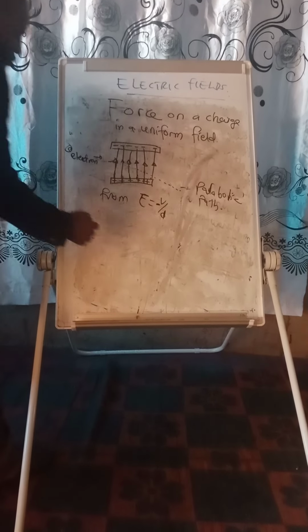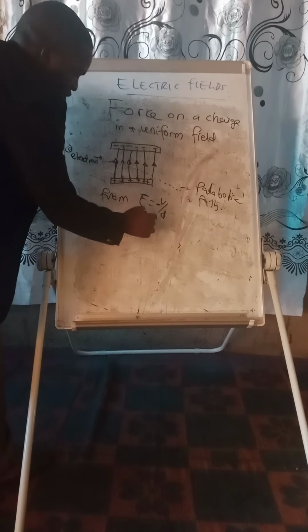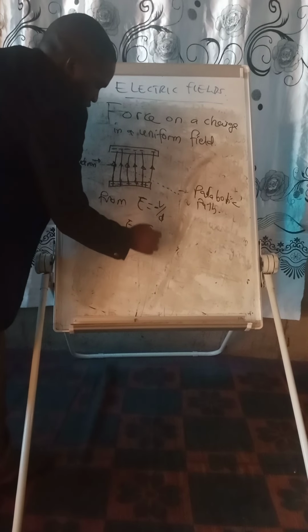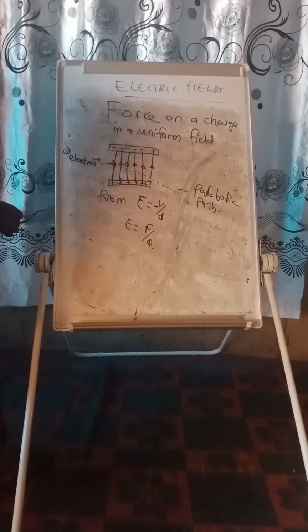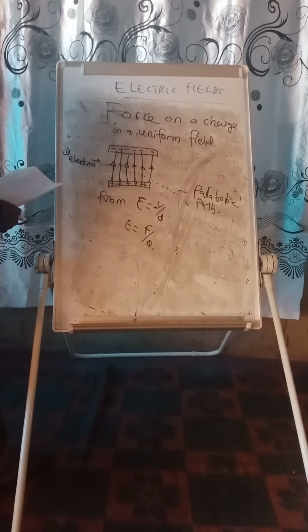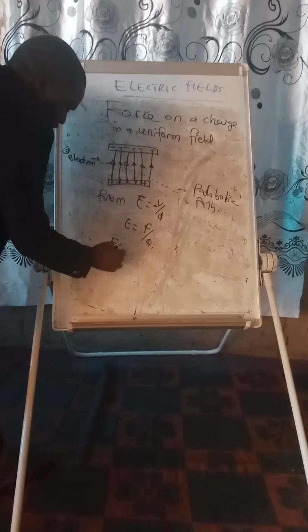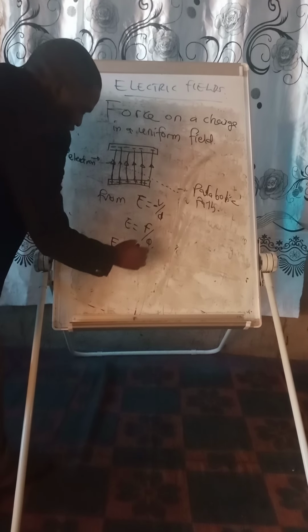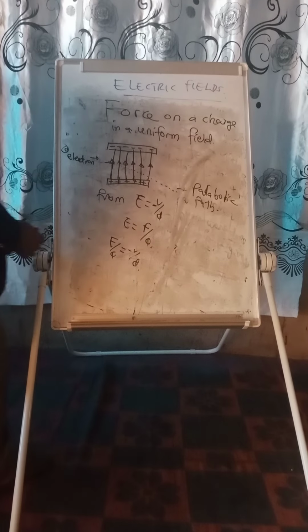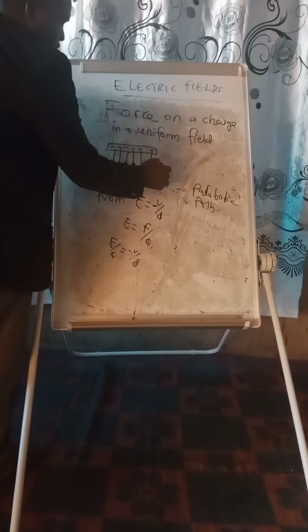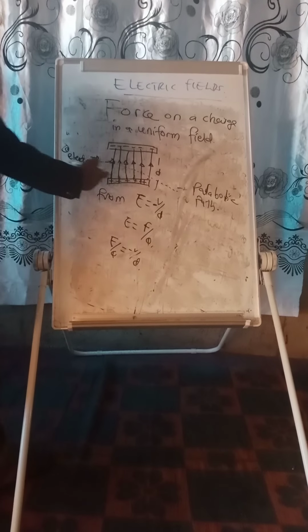and also E is equal to force per unit charge. So we can rewrite here: force over charge is equal to minus V over D. Now D here is the separation of these two plates, positive plate and negative plate.